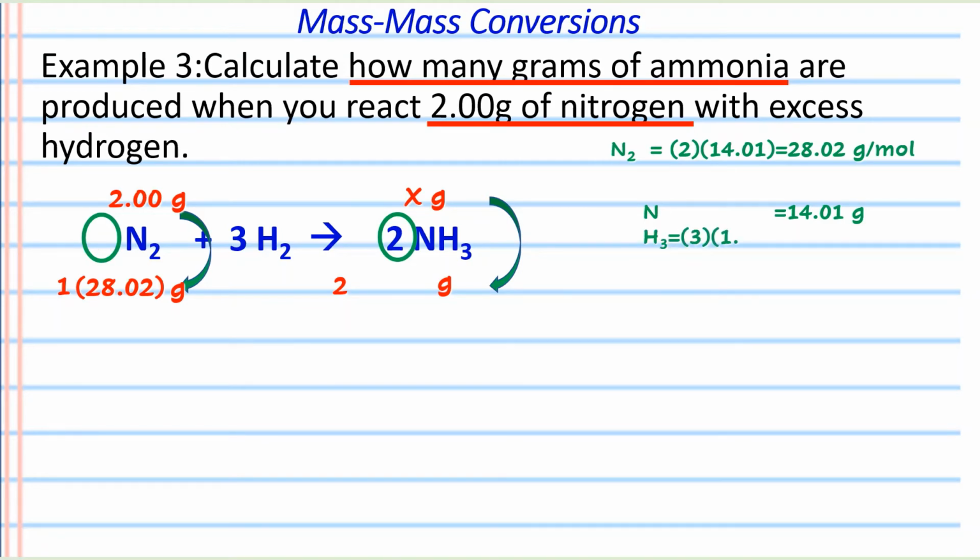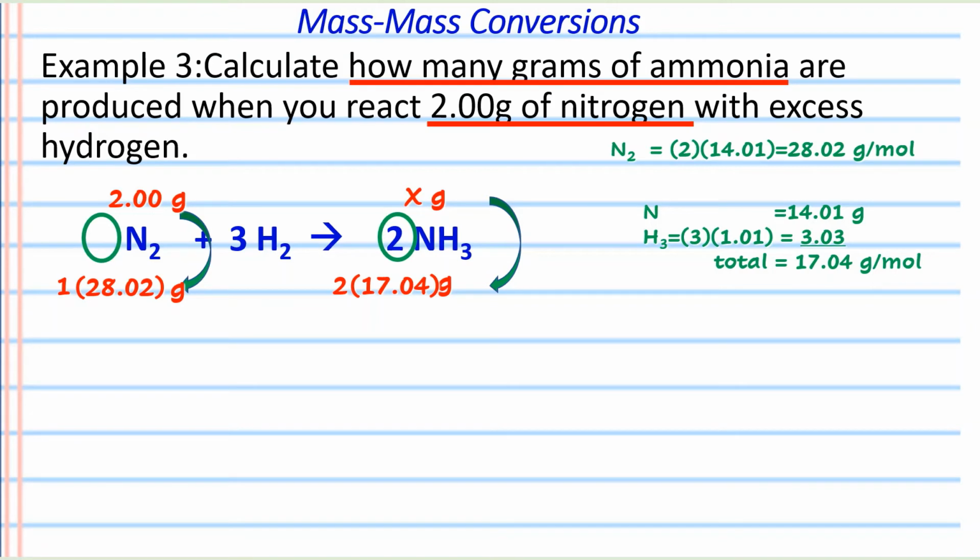There are 3 hydrogens, so we're going to multiply 1.01 by 3, and then we're going to add those together to get a total of 17.04 grams per mole. So according to the balanced equation, we have 2 moles of ammonia. We just determined that each mole would have a mass of 17.04. So to find the mass of 2 moles, we're going to multiply by that coefficient.